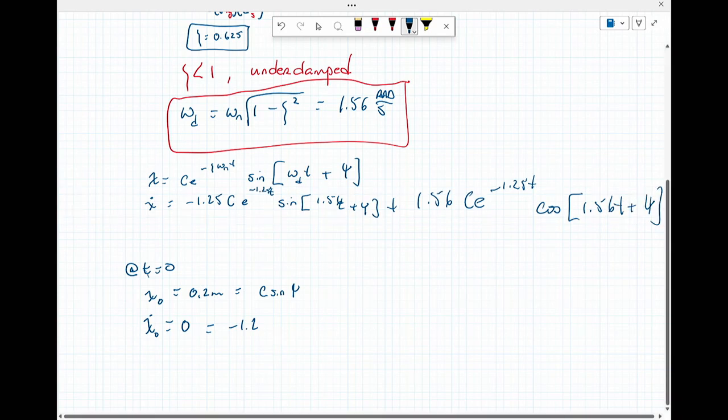All right. So I have a mess of terms there, but those are just the two derivatives.